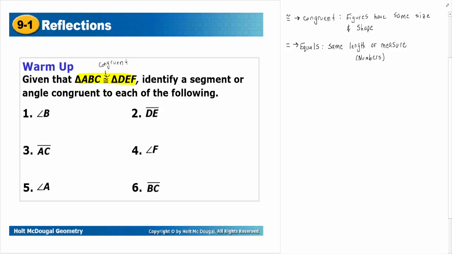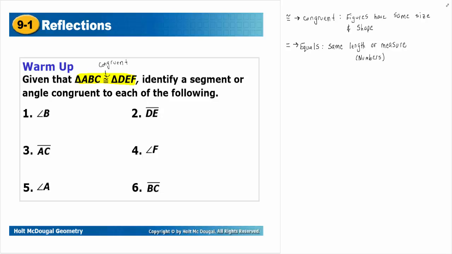That's a common mistake that students kind of get backwards or don't think much about. We're talking about equals, congruent. They kind of say or talk about them in the same way, but they're not the same thing. They mean different things. Congruent is talking about a shape, and equals is talking about the measurements of that shape.